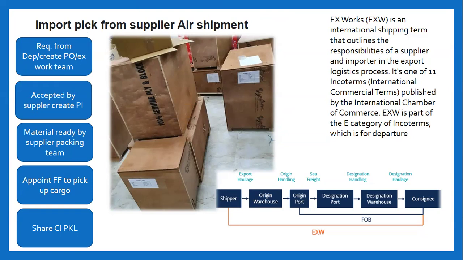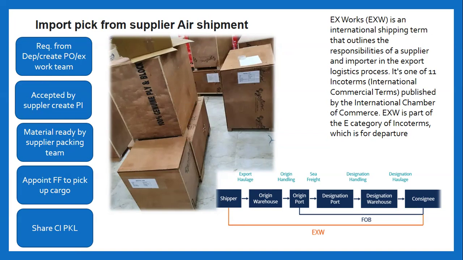So the first step is that whatever goods we require, we need the request from the department. Just like we are sitting in the factory, in the import export department as a logistics executive.